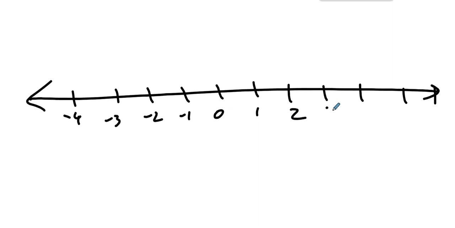The other model we'll use is the number line model. And the number line model runs the way you think it does. You have some number line, and we pretend that we want to do, I don't know, let's do 2 times 3.